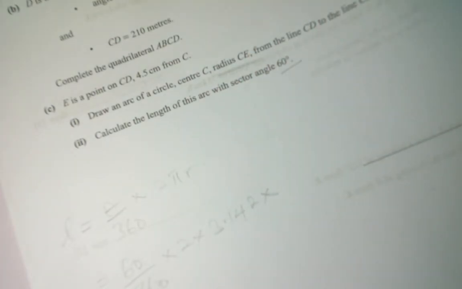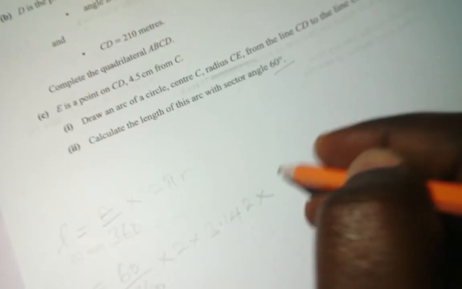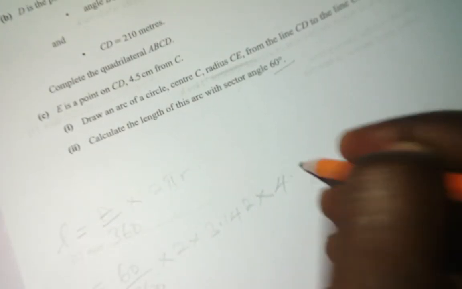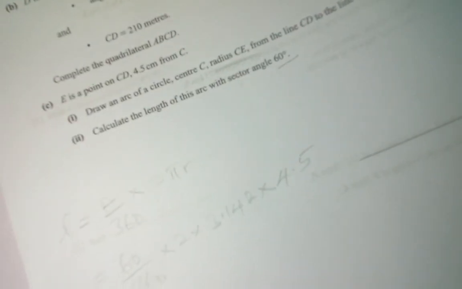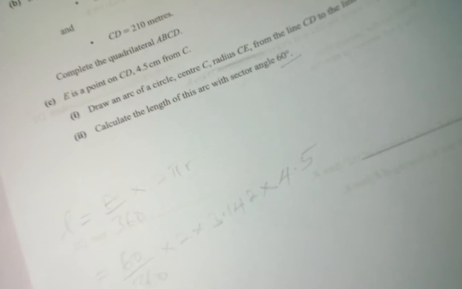Well, that means I have 4.5 right here. Theta over 360, theta is 60 degrees.